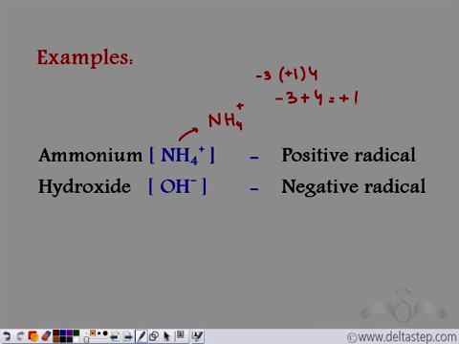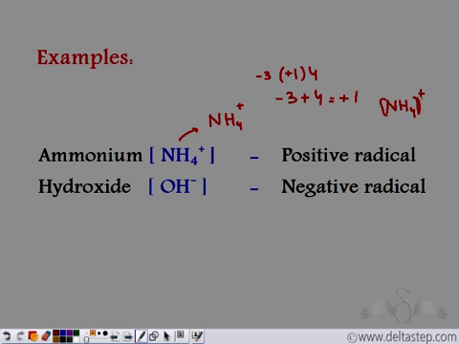So this can be represented as NH4+, or at times, to avoid discrepancy, it can also be written with brackets, as (NH4)+. But most of the time you will see it represented like this. So this plus charge shows that it's for the entire ammonium radical.